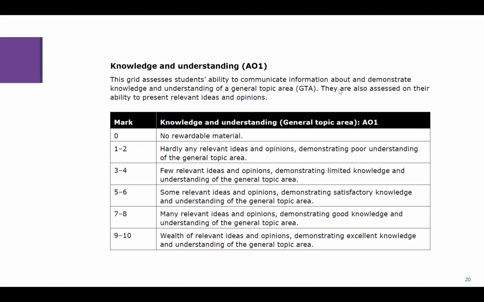They have done a lot of research here, so we expect them to be able to come up with some ideas, because they've prepared these two topic areas and they're being assessed on one of them. So we're looking at their ability to give some information, that's the knowledge, and we're also assessing their ability to evaluate that, to give some ideas or opinions.